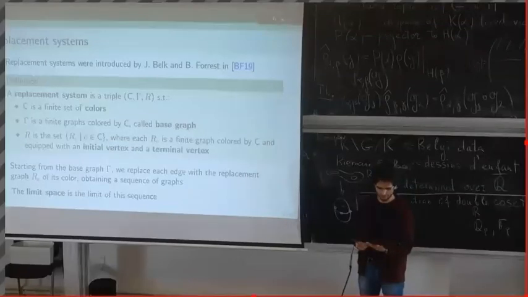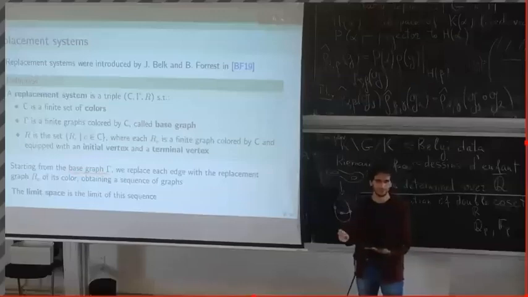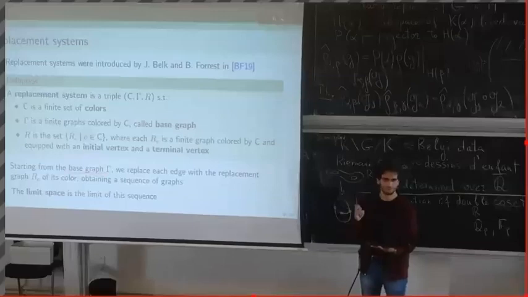Each of these graphs is equipped with an initial vertex and a terminal vertex, just to make sure that you understand how to glue things together when you go and replace. So the idea is that you start from the base graph, gamma, you choose your least favorite edge that you want to see gone, and you just replace it with the right replacement graph. And with right, I mean, for example, if you are replacing a blue edge, you use the blue replacement graph.